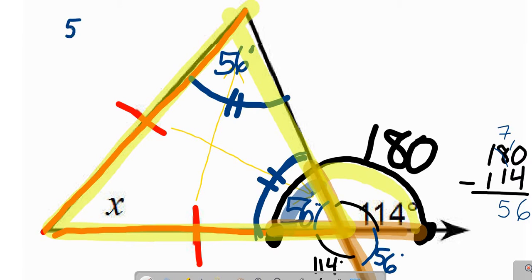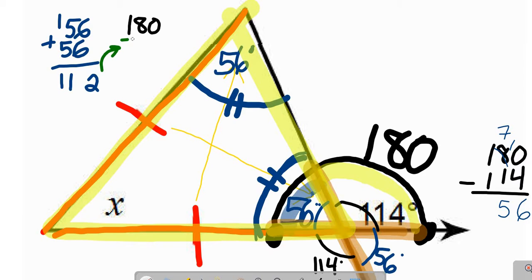So we can do this, 56 plus 56 is 112. And we're going to go ahead and subtract. And that means this angle here is going to be 68 degrees.